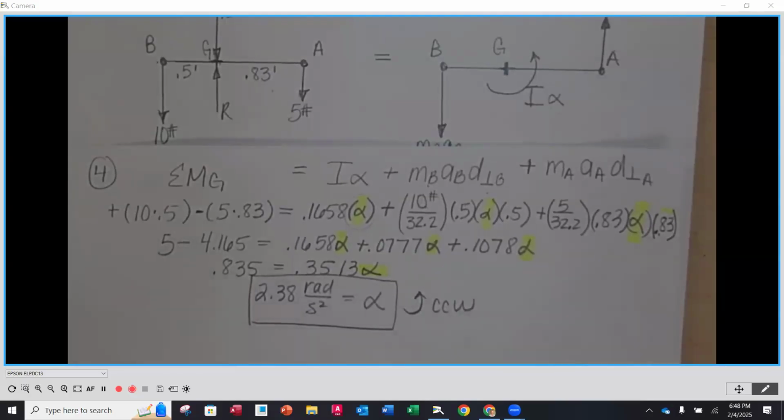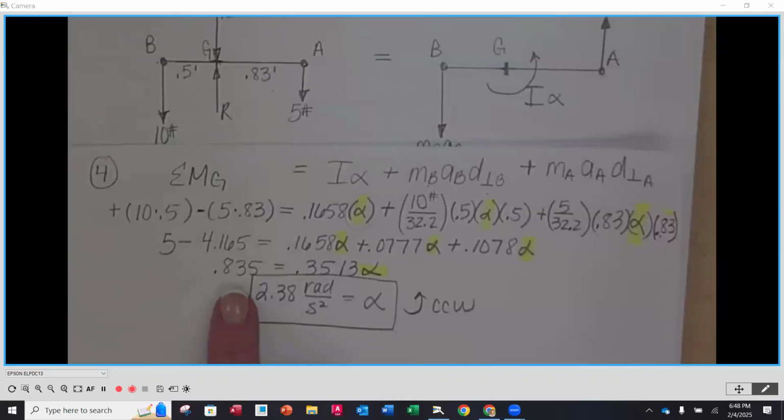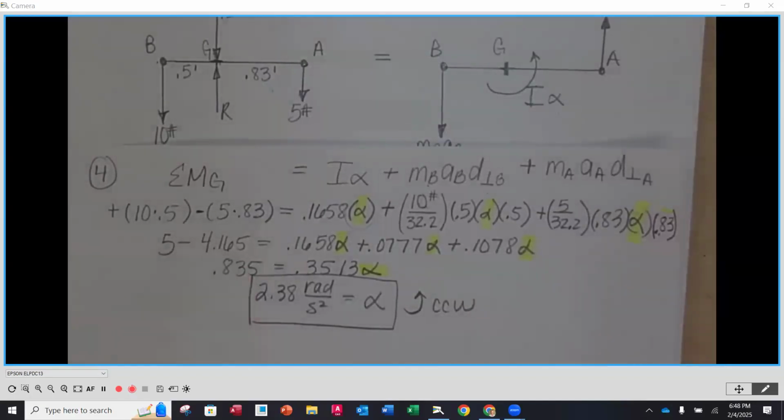Hold on, let me see. Yeah, so we're within. So 4.165 minus. Yeah, I get that because I have 4.165 on top. Aaliyah said she got 4.15. So again, I think it's just a little bit of rounding, just within reason. When I look at your answers, I'm not looking for exact, right? Because everyone's going to put it in their calculator a little bit differently and round at different places, as long as you're pretty darn close here.